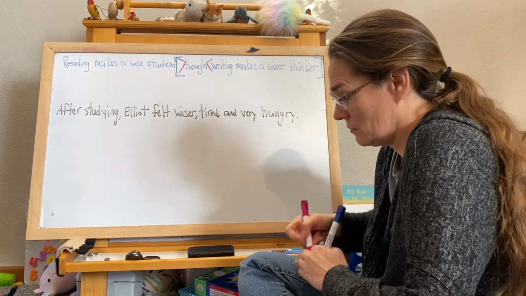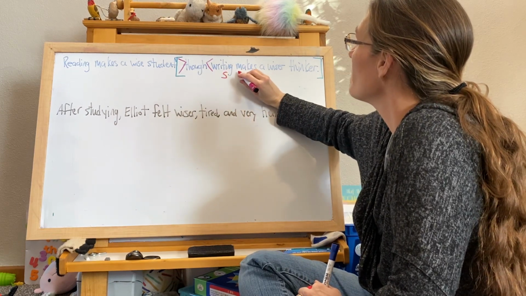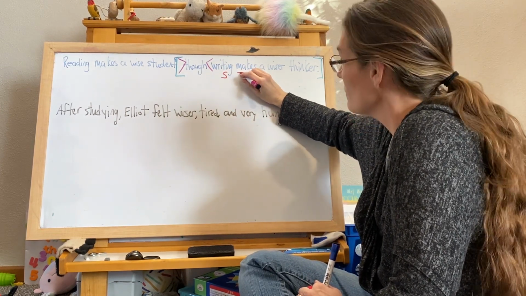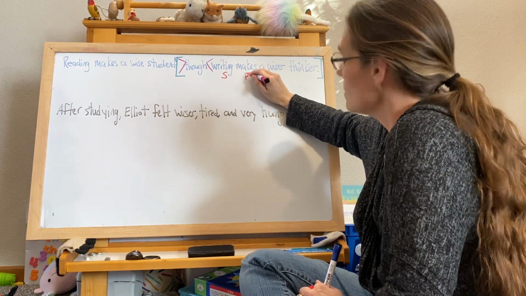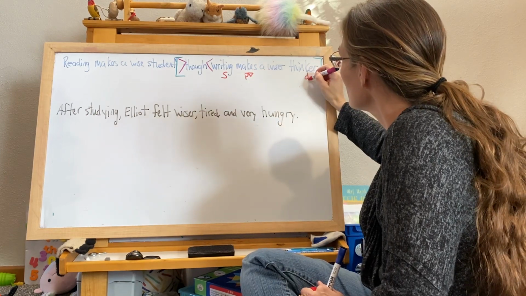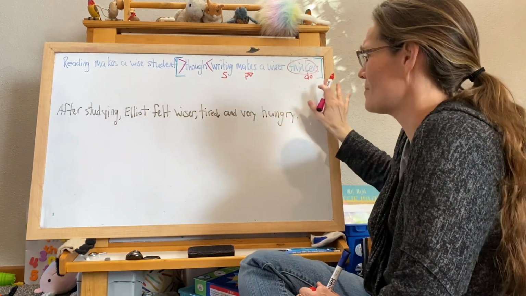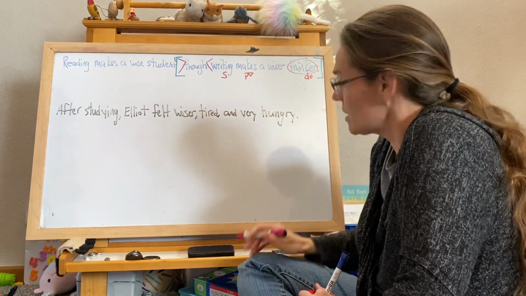And writing does what? It makes a thinker. Makes who or what? Thinker. Makes a thinker. I like to circle my direct object. Indirect, though? No, this is not.